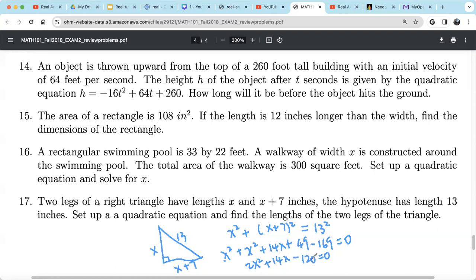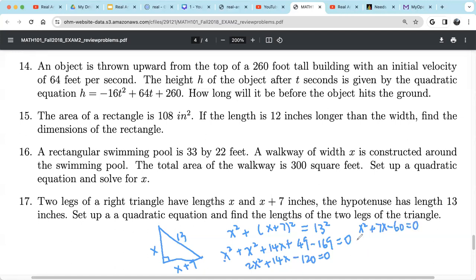Indeed, negative 120, since 120 plus 49 is 169. Now we see every term is even, so it can be divided by 2. We simplify: 2x squared divided by 2 gives x squared, 14x divided by 2 is 7x, and negative 120 divided by 2 is negative 60.